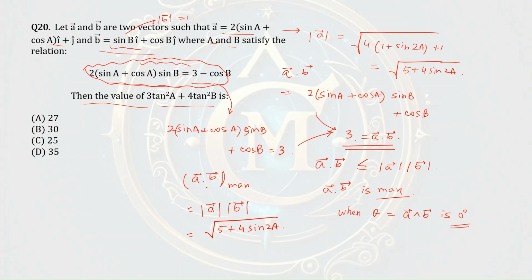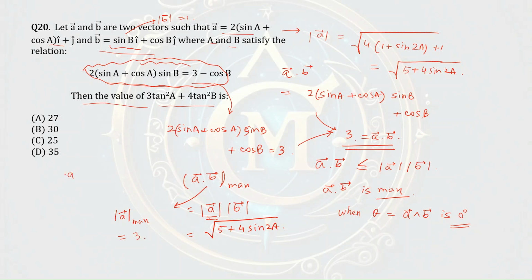And as A dot B attains its maximum value, the modulus of A should also attain its maximum value. That means the maximum value of modulus of A becomes root over 5 plus 4 when sin of 2A becomes 1.